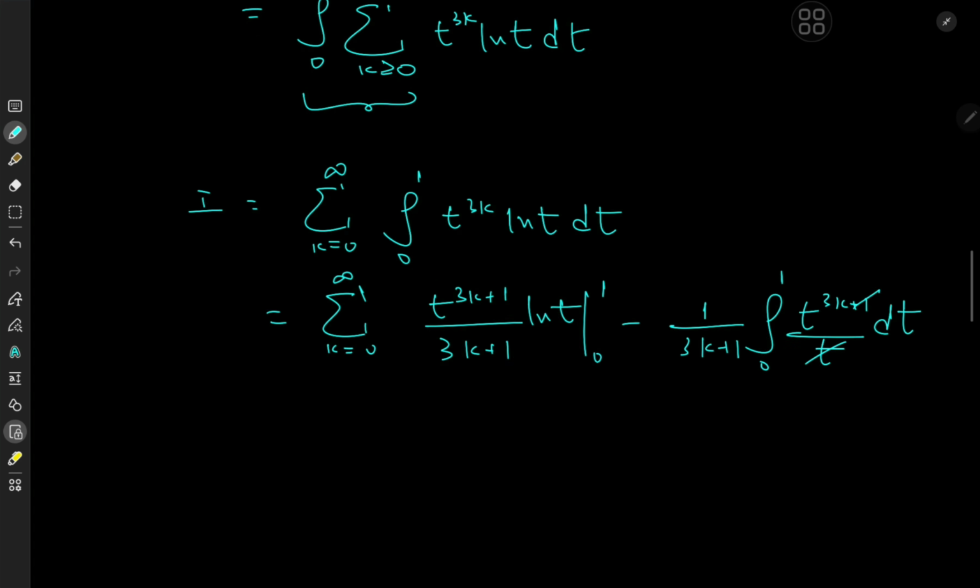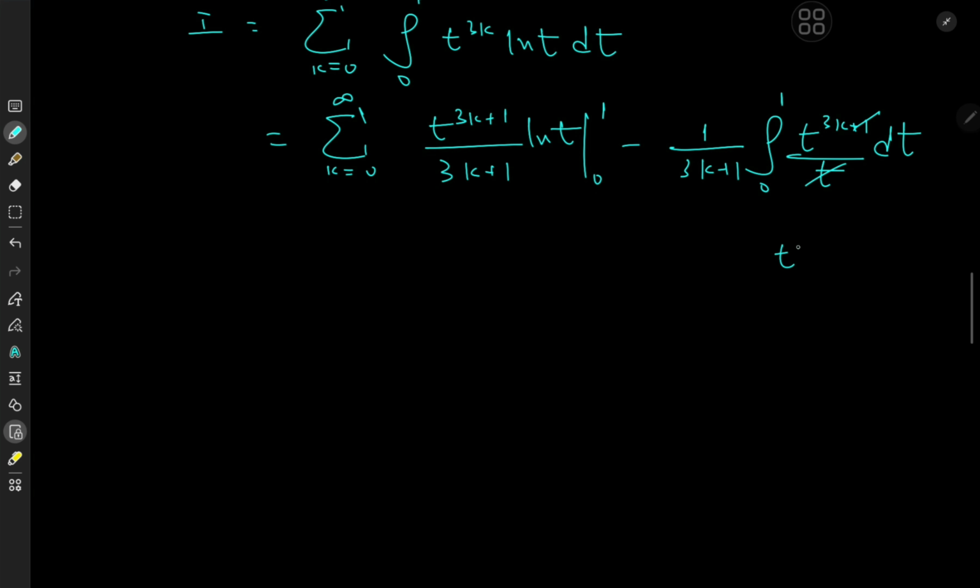There is some cancellation, and that means we're just left with the integral of t to the 3k, which of course is quite elementary to evaluate.